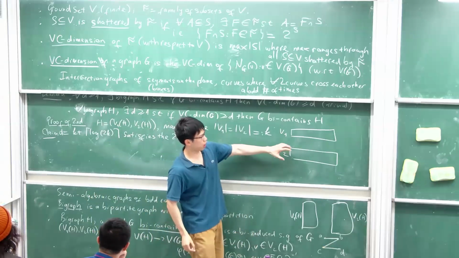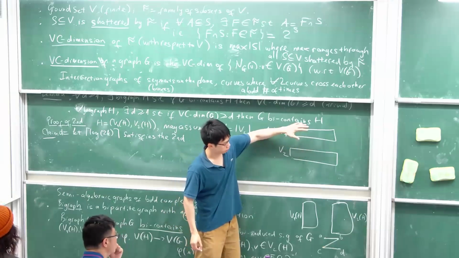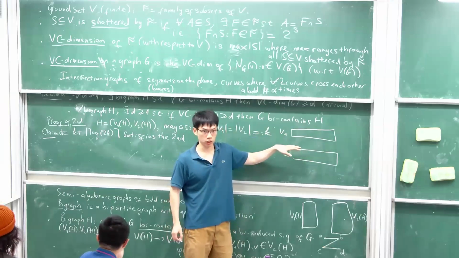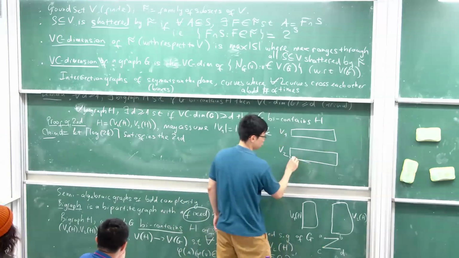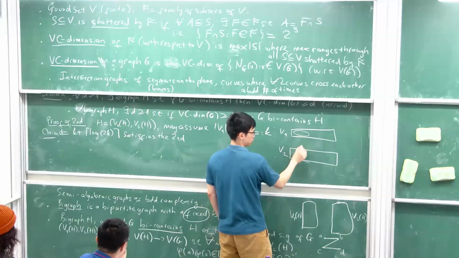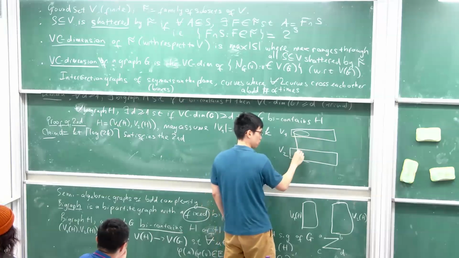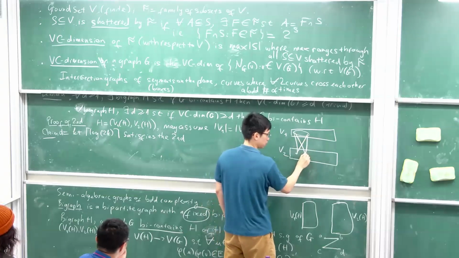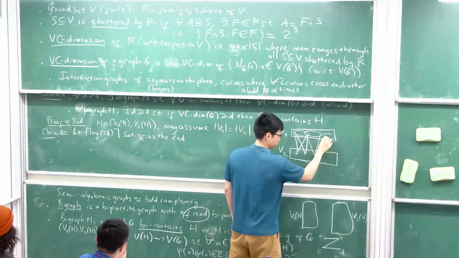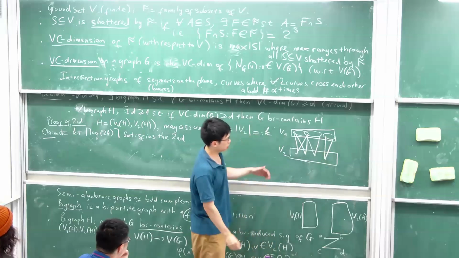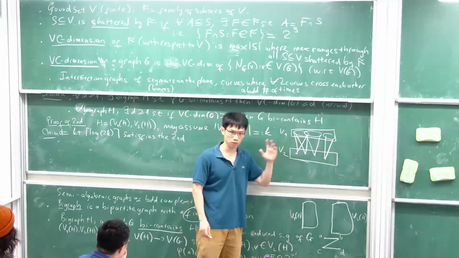Now my job is to try to embed a by-induced copy of this bigraph into my host graph. So what I want to do now is to look at the neighborhoods of the vertices of V2 inside V1. It could be that some vertices in V2 will share the same neighborhood in V1, but that's not going to be a big deal.